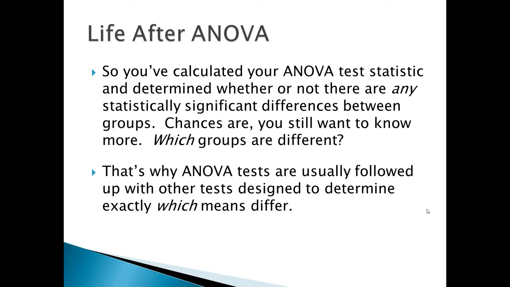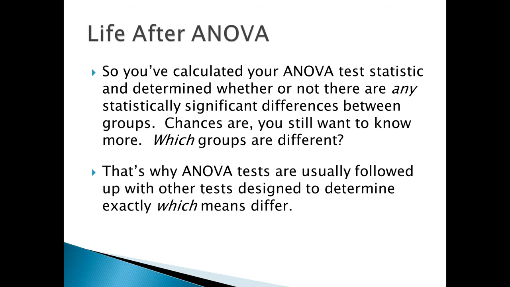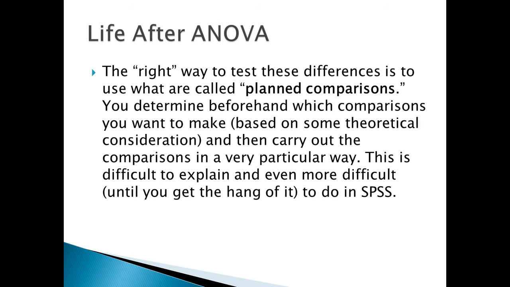If it's non-significant, so let's say this was 0.08 or even 0.051, 0.99, we can conclude that there are no differences anywhere. But once it's significant, like it is right now, there could be, in this case we're comparing 3 groups, there could be 1, 2, or 3 significant differences. We don't know how many, and we don't know which ones. That's why ANOVA tests are usually followed up with other tests designed to determine exactly which means differ.